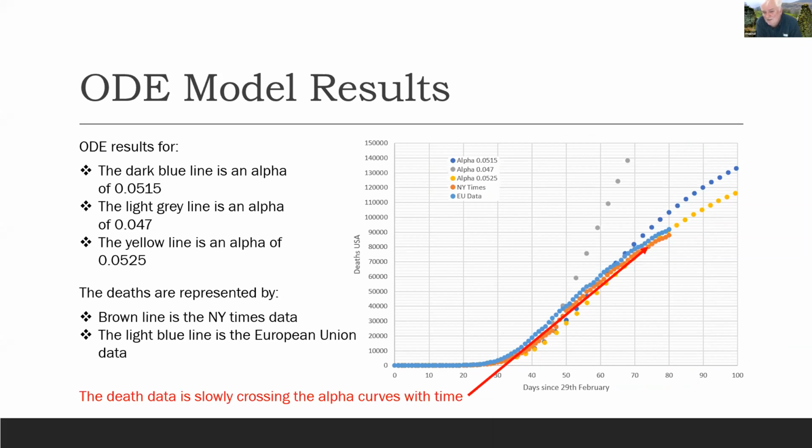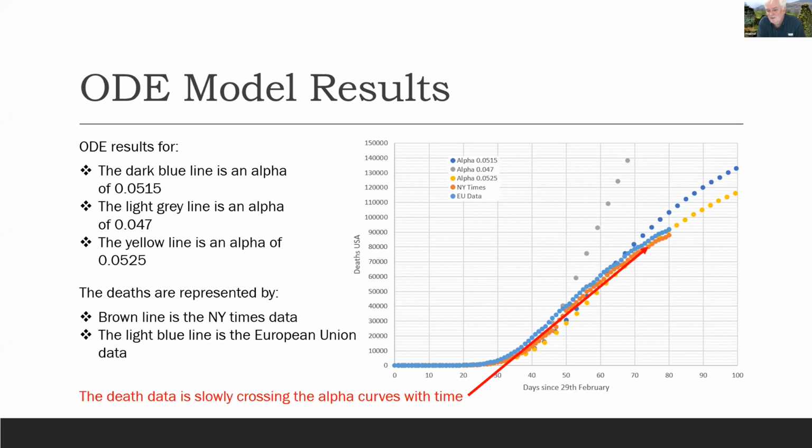The only problem is that by the time you get to day 40, you can't distinguish between 0.047 and 0.04015, etc. The curves just haven't split from each other. But it was by about day 45 that I worked out that 0.047 was a little bit high, and I started to calibrate it back.